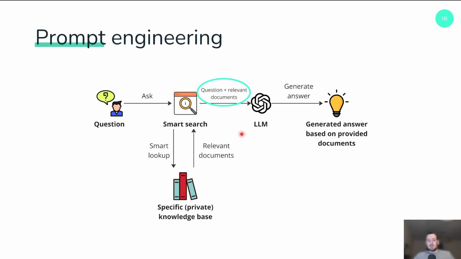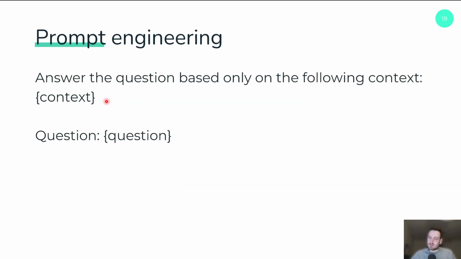Okay, so I talked about smart search, talked about how you can pre-process or do the data intake for your knowledge base. Now I will talk about prompting, meaning the result coming from the search, which is plain text, together with the question from the user. So what are you going to do?